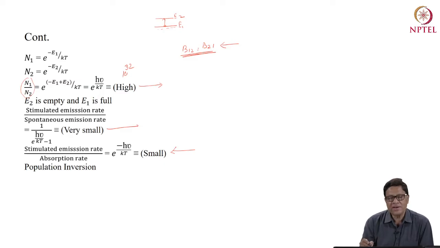And how do you create that condition? You pump some of the electrons from here to the higher state. Suppose this is n number of electrons roughly, and you should pump greater than n by 2. Then the stimulated emission will dominate.